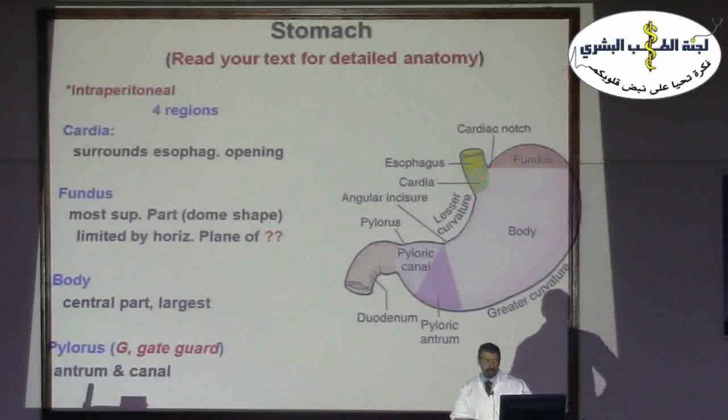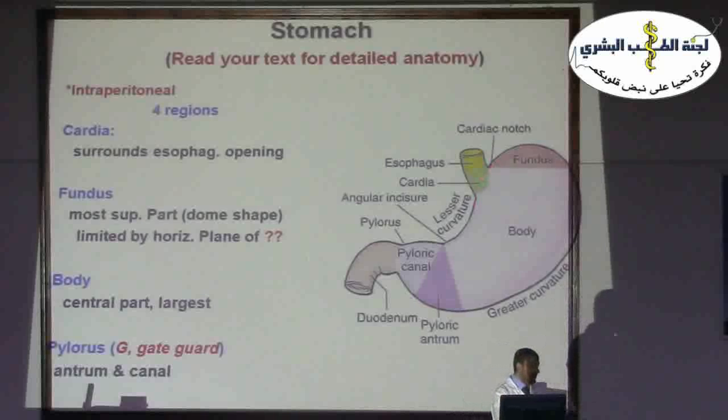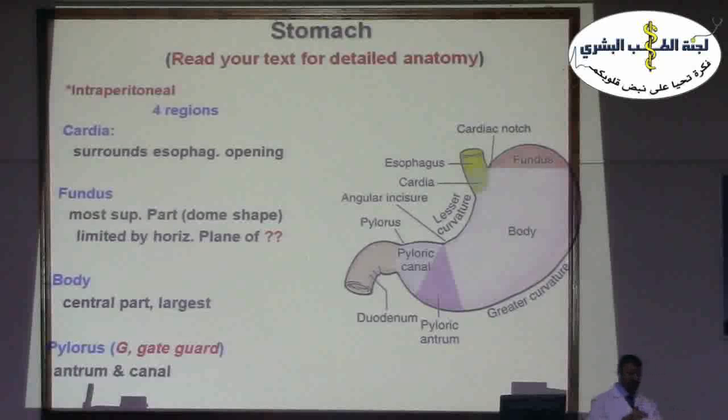There is no thickening in the muscularis externa layer of the gastrointestinal tract, which indicates there is no anatomic sphincter, but there is a physiologic sphincter. This function comes from where? Which muscle you expect will be in this region that will contribute to closure of the esophagus?